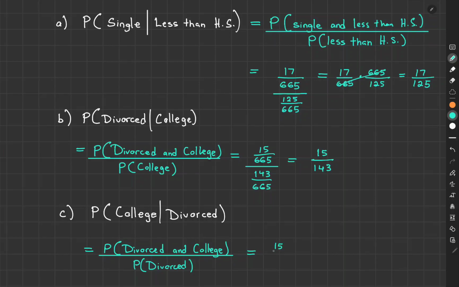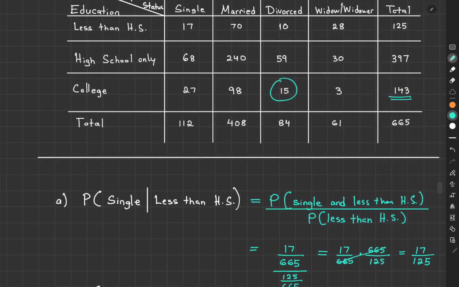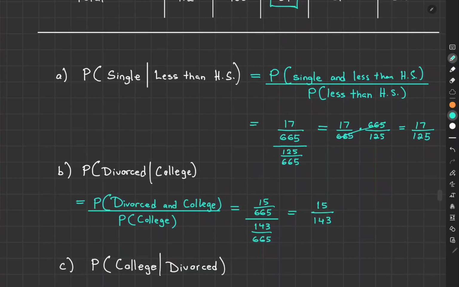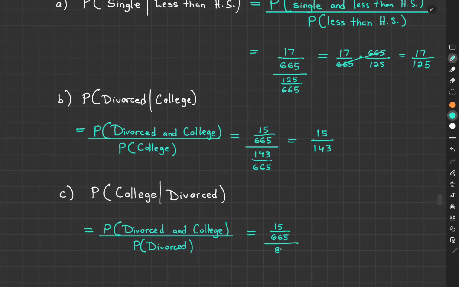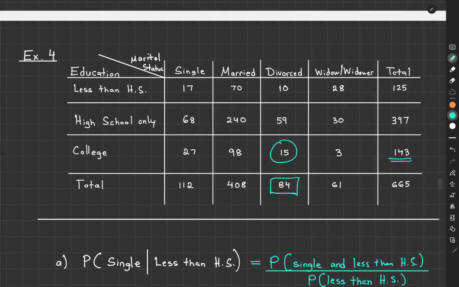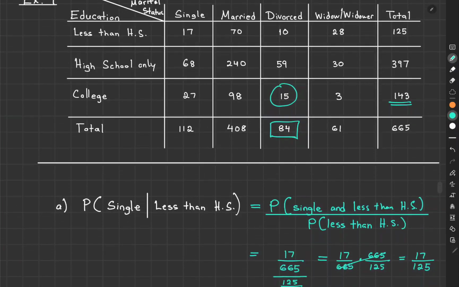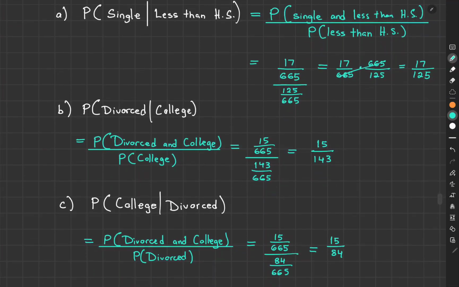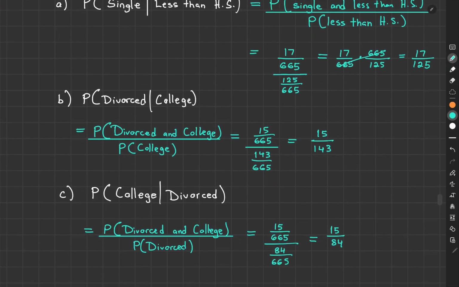So on top it's still 15 out of 665, but on the bottom, it's now going to be 84 out of 665. And this comes out to 15 over 84. Right? So out of those 84 people who are divorced, 15 of them also went to college. And these are our conditional probability calculations.